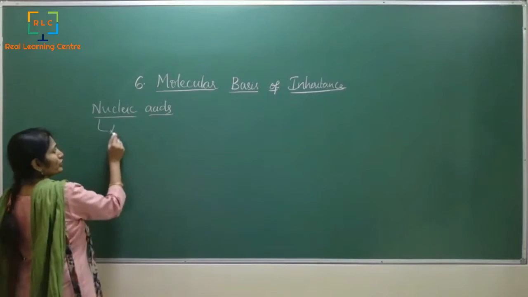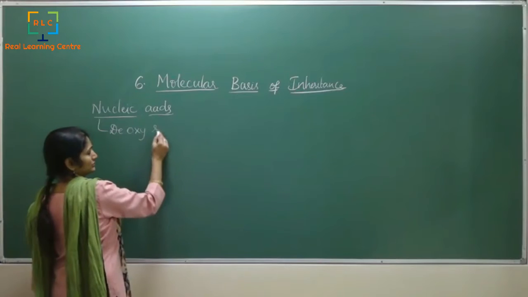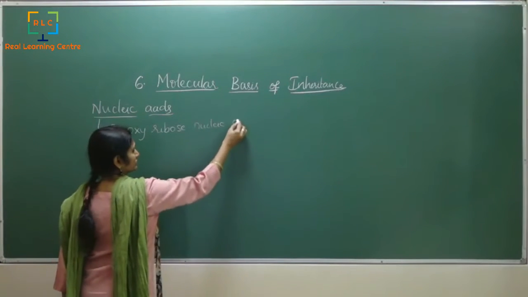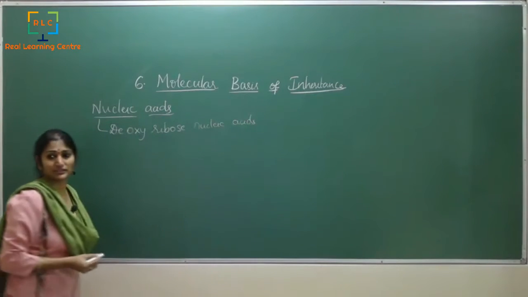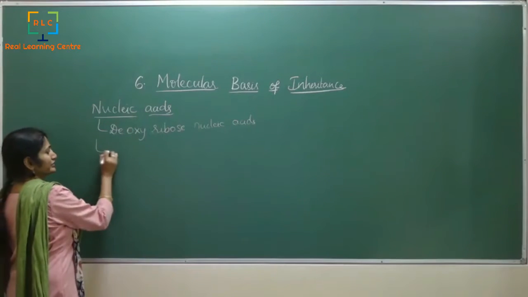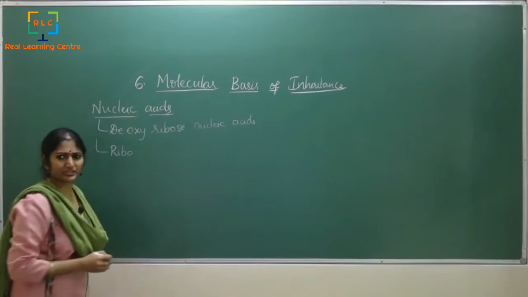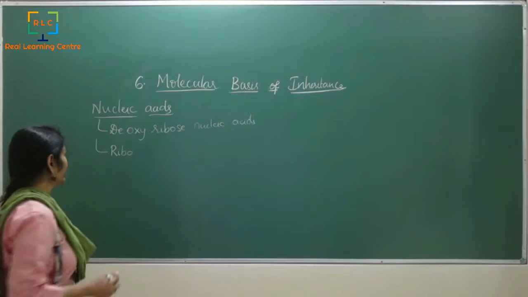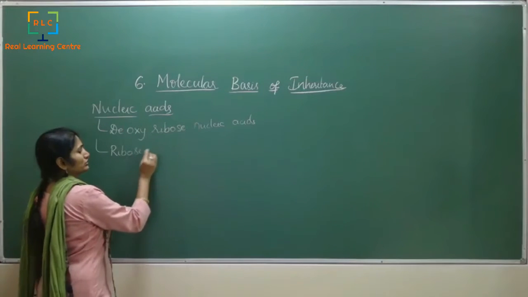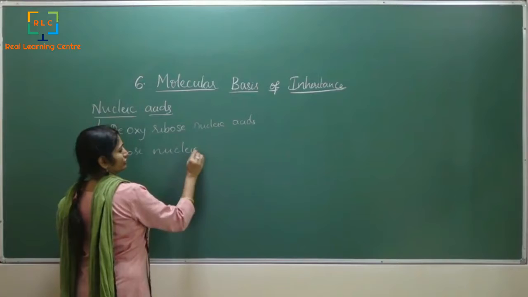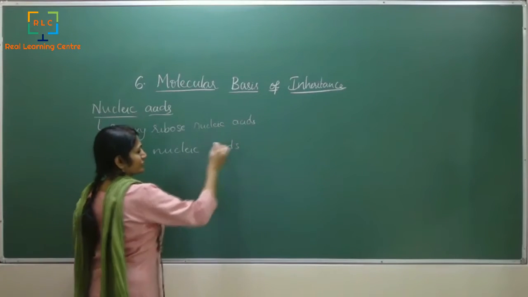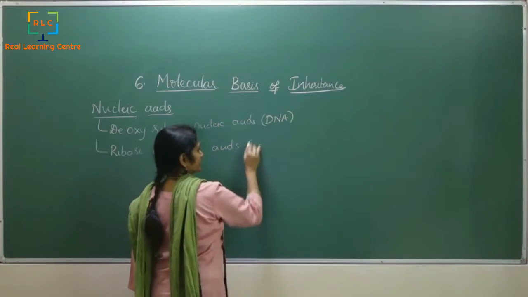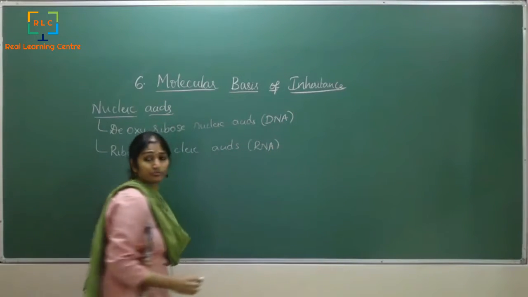One which we call deoxyribose nucleic acids, and the second one is ribose nucleic acids. Many write it as ribonucleic acids, so ribose or ribo, either would be fine. Very commonly we call this the DNA, and this is called the RNA.